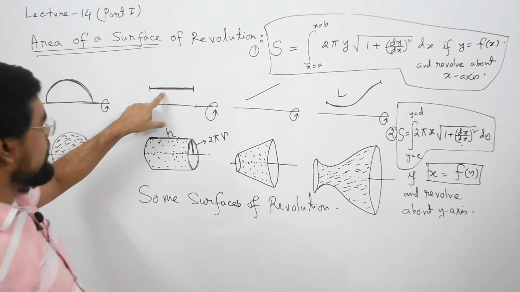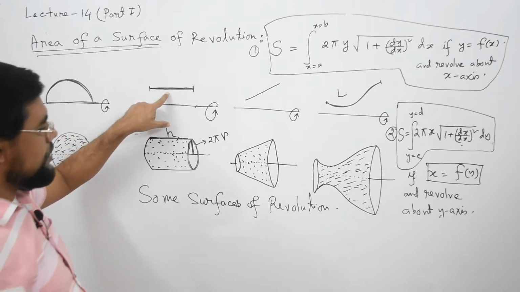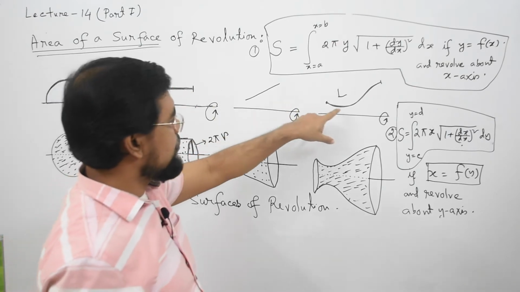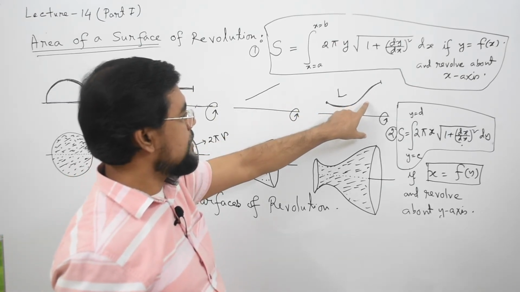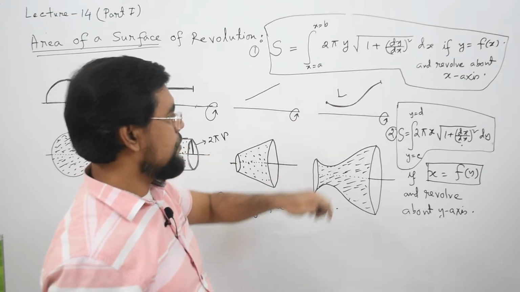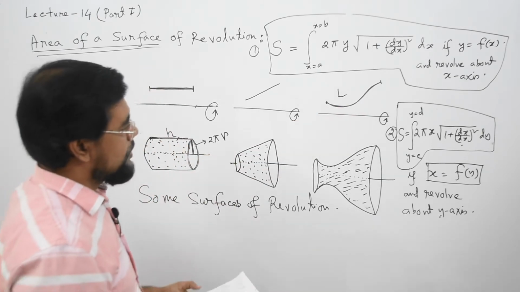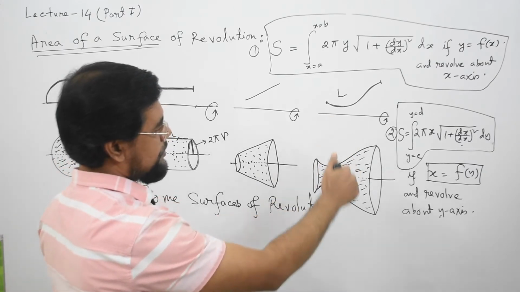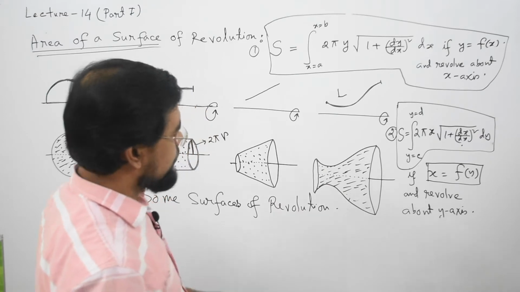The length of this straight line is very easy to calculate, but this one is not. In that case, we use the arc length formula. So the area of this kind of surface of revolution is related to the arc length formula.